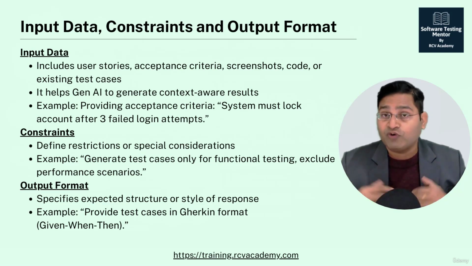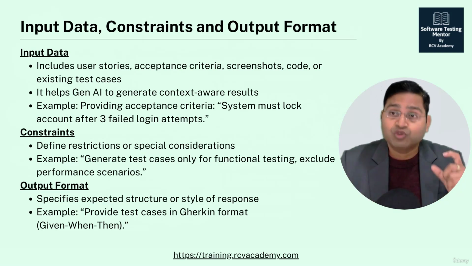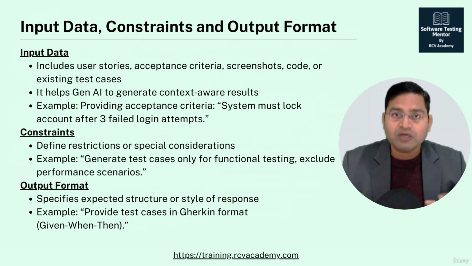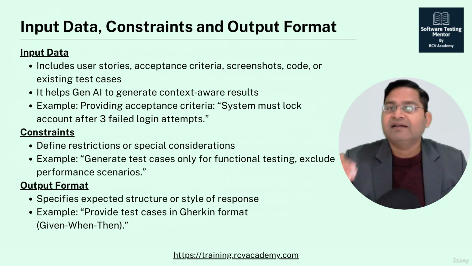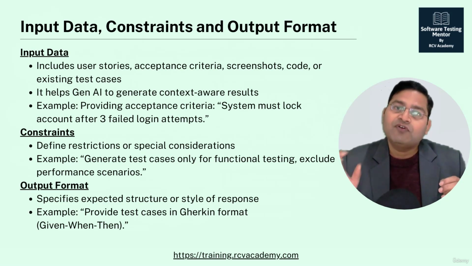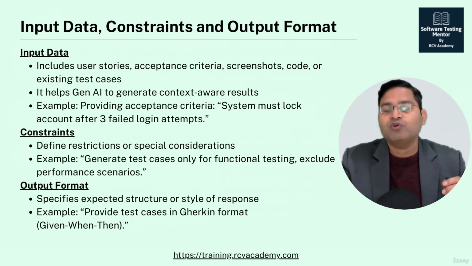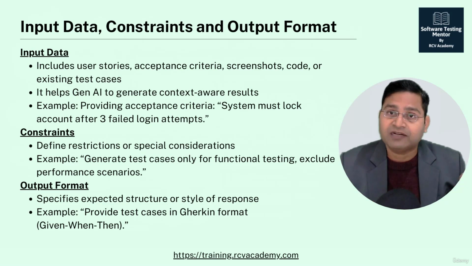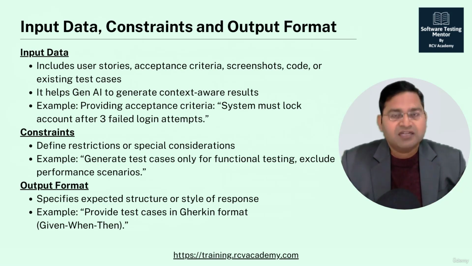Then you have the output format. How the LLM should output the test cases or any of the document that you are prompting. So you specify the clear style and structure of the output, and then the GenAI will follow the similar output format and provide you the results in exact same format, the new scenarios in the exact same format. For example, provide test cases in Gherkin format rather than standard step format.